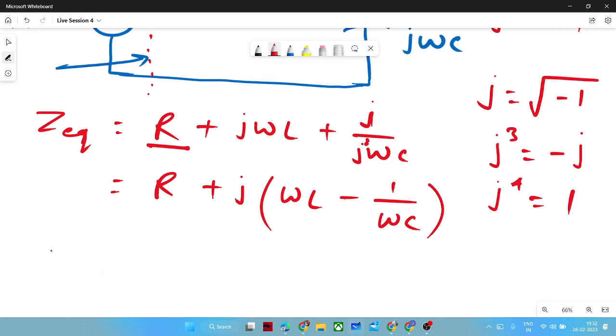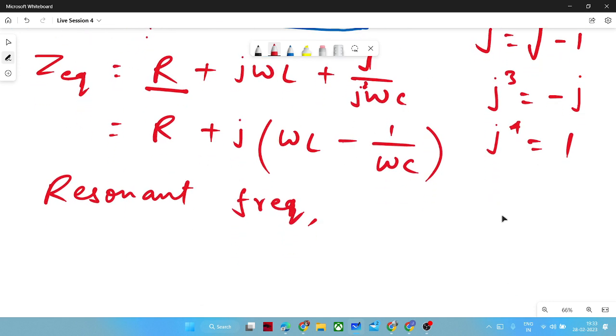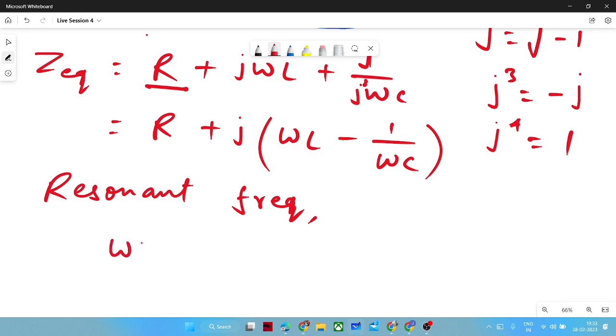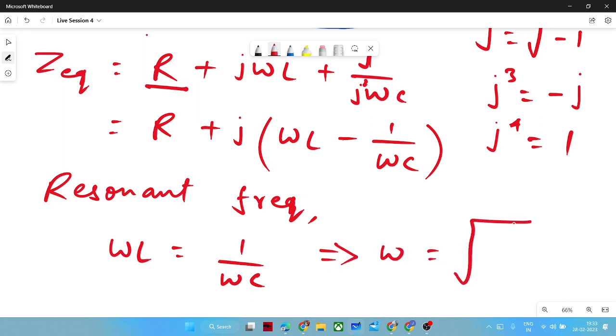Hypothetically, if omega L and minus 1 by omega C are equal, then we'll just have R, right? That's the resonance condition generally. At any frequency, if you tune to a certain frequency where omega L is equal to 1 by omega C, that will lead to omega equal to under root 1 by LC.